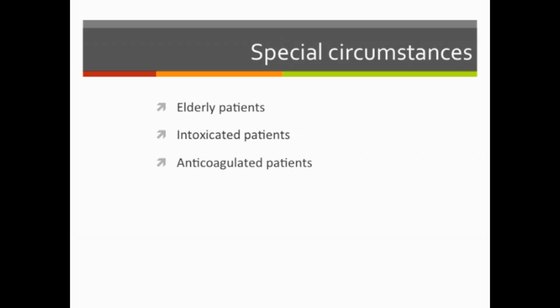As patients get older, because of the reduction in their brain volume, there can be an increased risk of sustaining subdural type bleeds, and they can be quite slow bleeds which don't produce clear neurological signs at the time that they're initially seen in the emergency department.